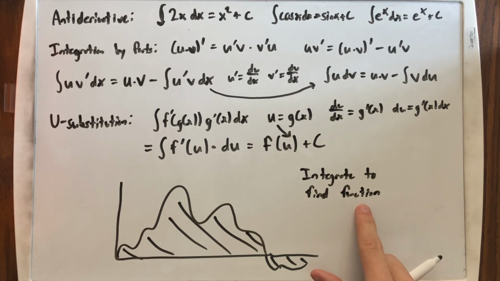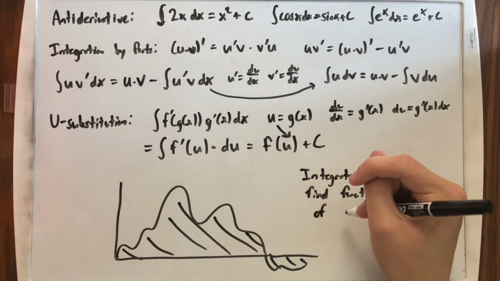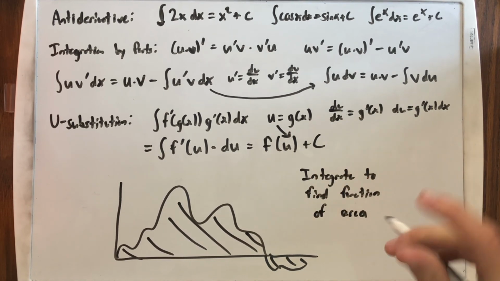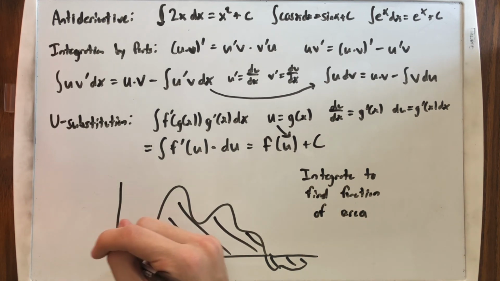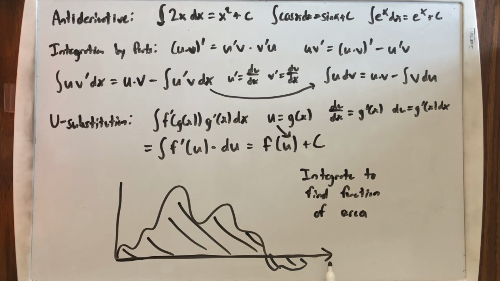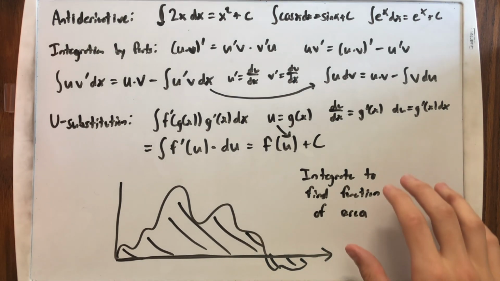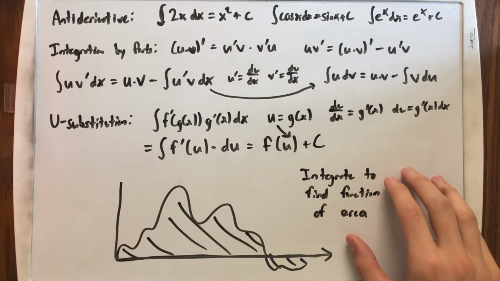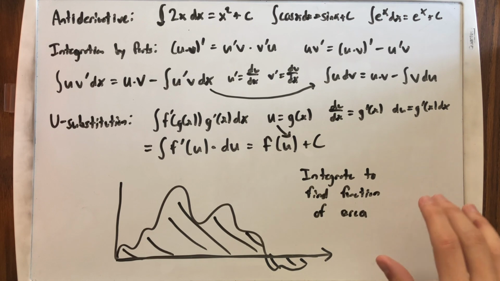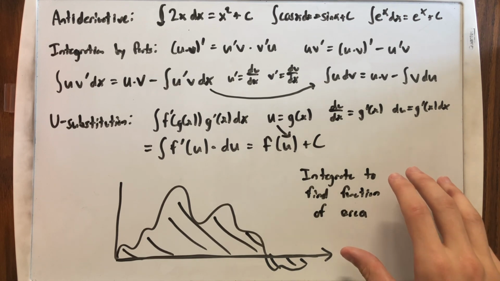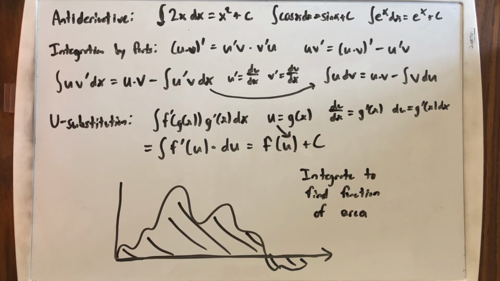And that function is actually a function of area, where area is the output of that function based on how far along you go along the x-axis. And whether it's immediately apparent or not, this is very, very powerful, not only for these types of functions, but for problems that you could do in other fields, which we will go over in our future lectures.